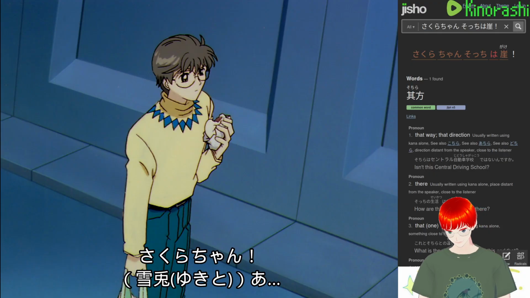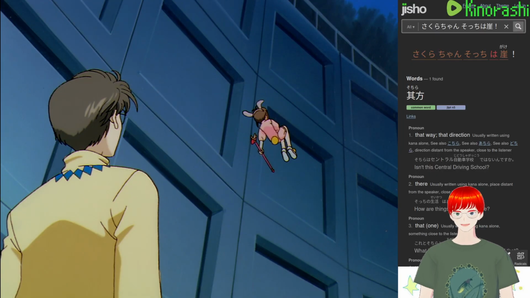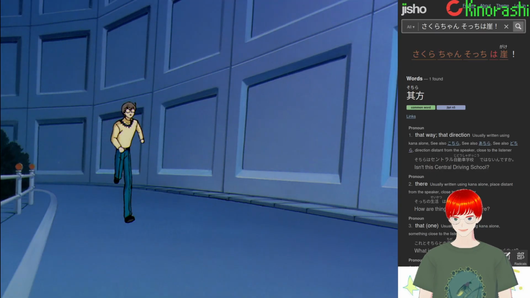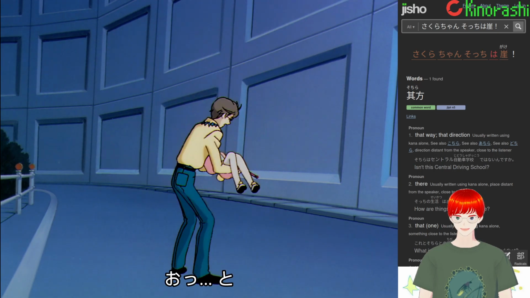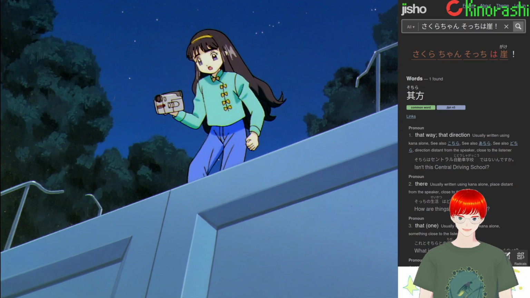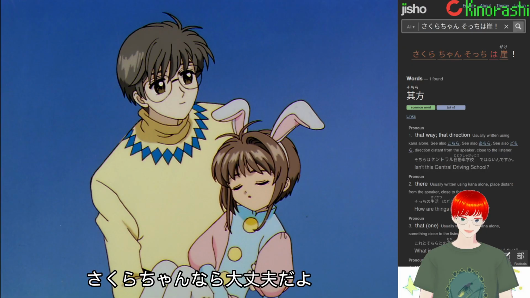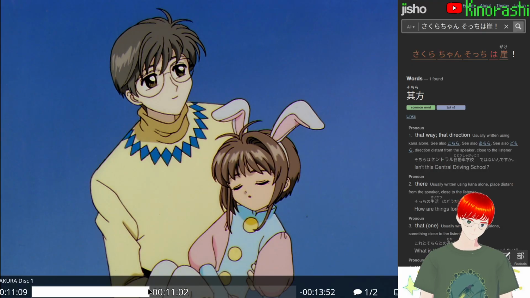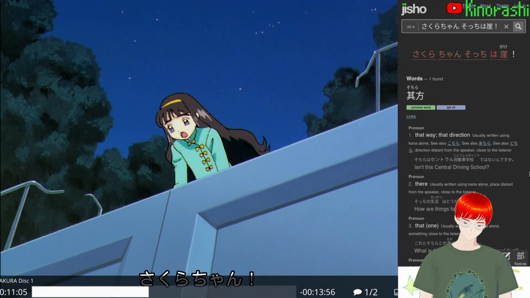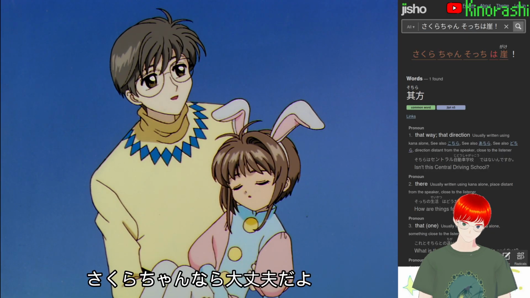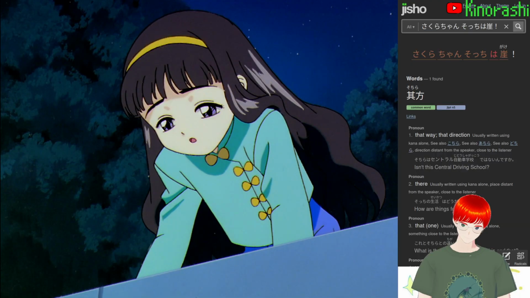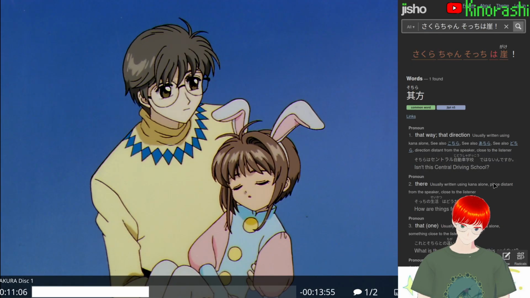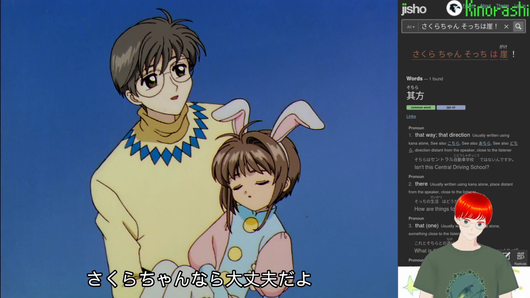Yukito, or Snow Rabbit. Sakura-chan! さくらちゃんなら大丈夫だよ。Sakura-chan nara daijoubu dayo.